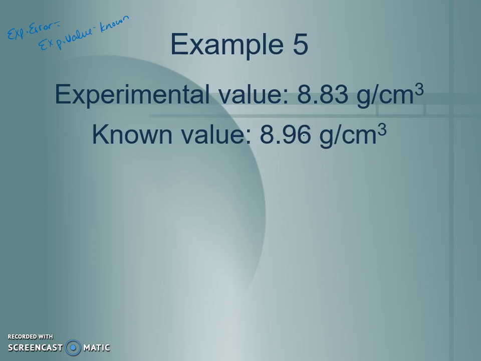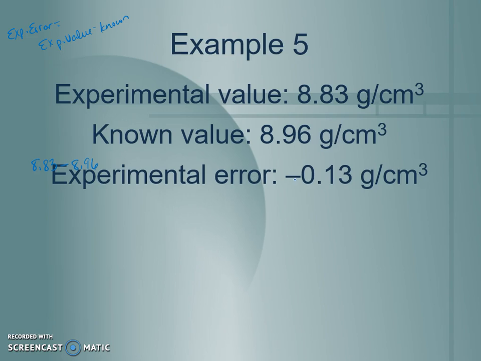Our known value is 8.96 grams per centimeter cubed. So we're just going to subtract. First off, we have 8.83 for our experimental value minus 8.96 for our known value, and that gives us an experimental error of negative 0.13 grams per centimeter cubed.